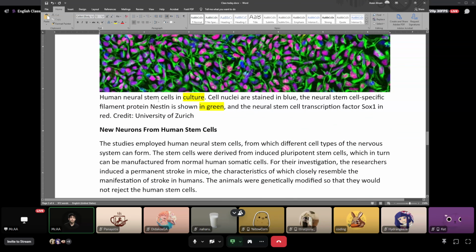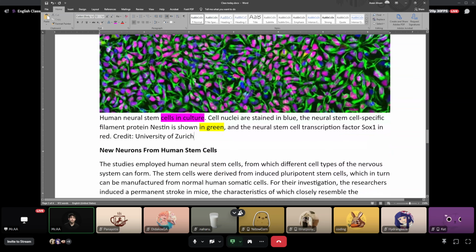And what about the word culture? What does that mean in this particular context? I'm not entirely sure. I think human neural stem cells in culture. Culture means a sample. In this particular context, culture means sample.